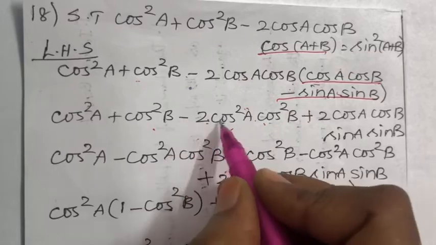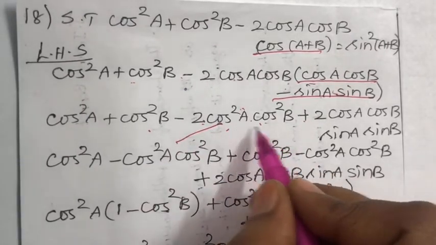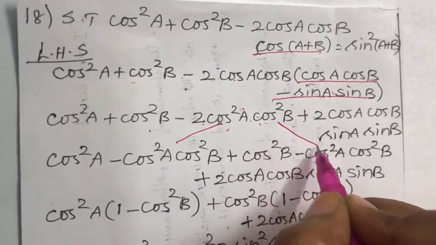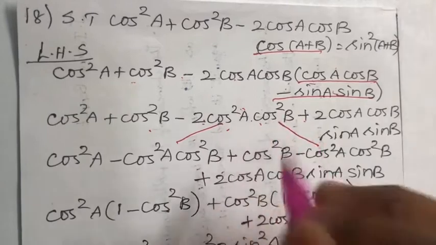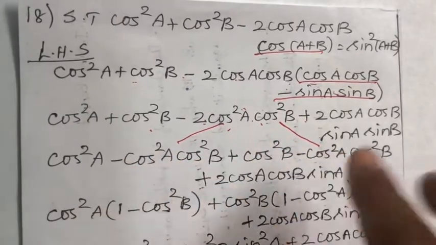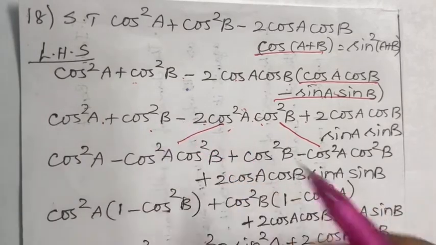I split this as two terms: minus cos square A cos square B, and similarly here minus cos square A cos square B. So we write minus 2 cos square A cos square B split into two. One is with cos square A and another one is with cos square B.